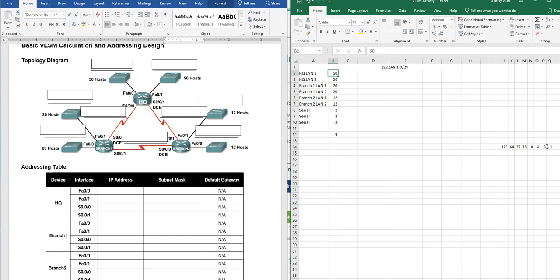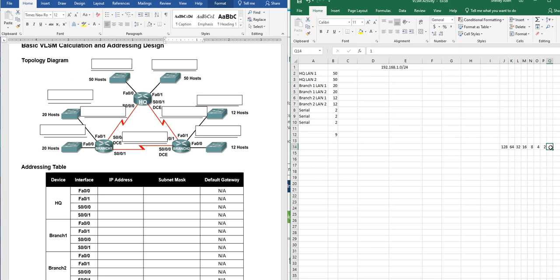But when you're looking at VLSM and accommodating for hosts, you will actually go right to left. That's because traditional subnetting goes left to right because it's accommodating for the number of networks. We're going to accommodate for the number of hosts per line, which will accommodate for however many networks we have.